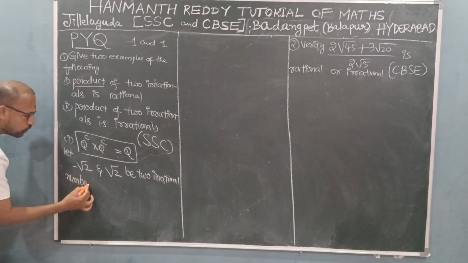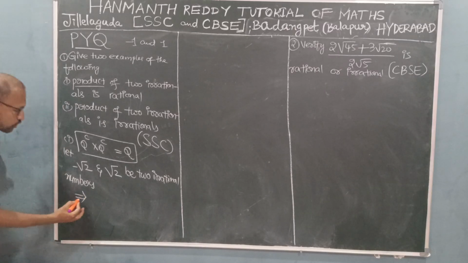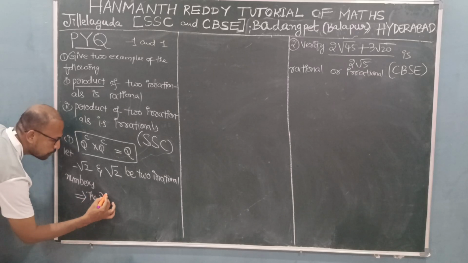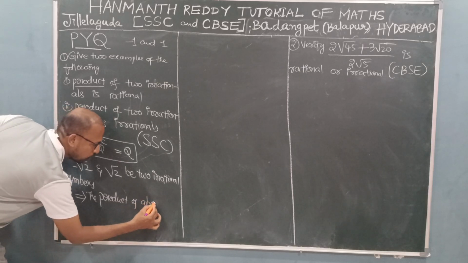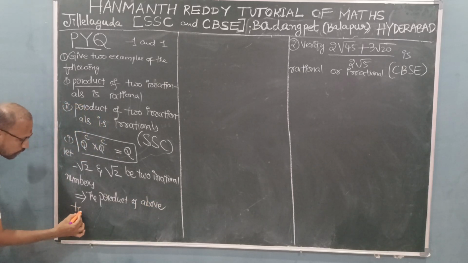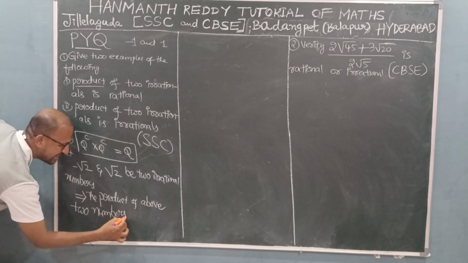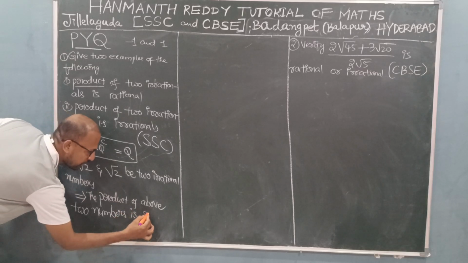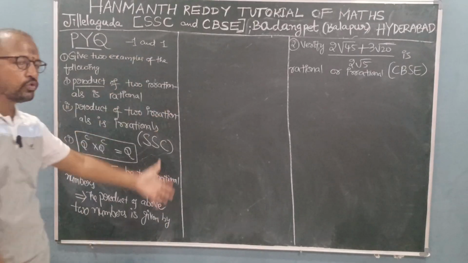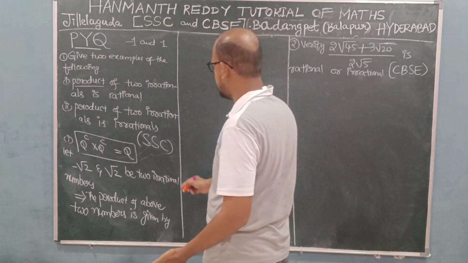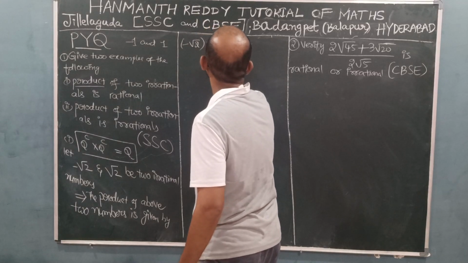Now I am going to multiply them. The product of the above two numbers is given by minus root 2 into root 2.